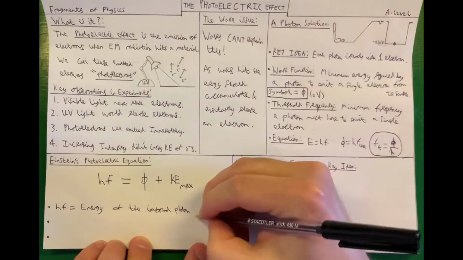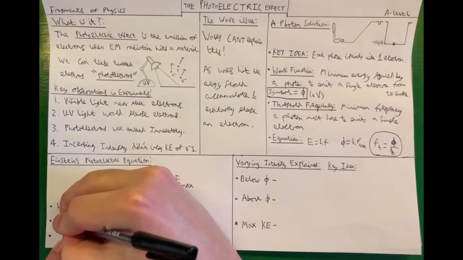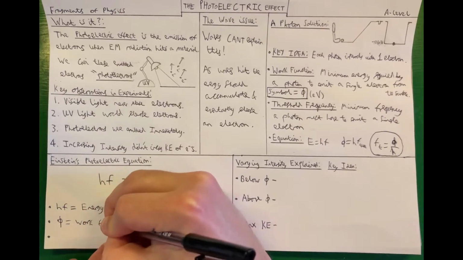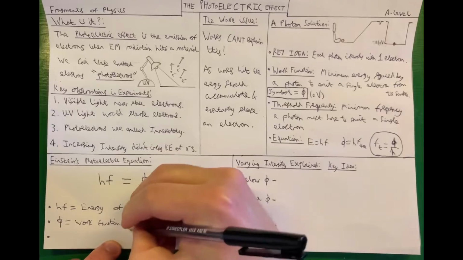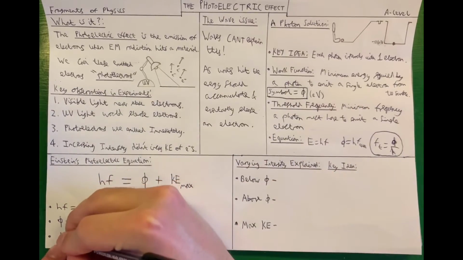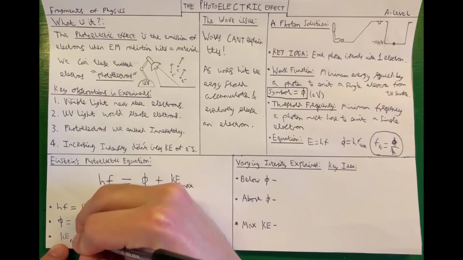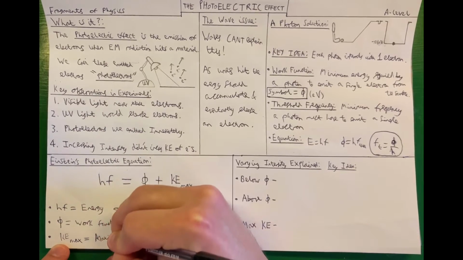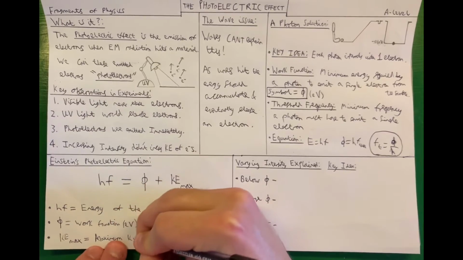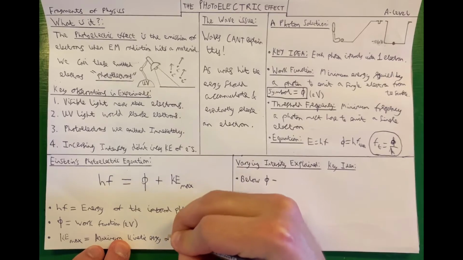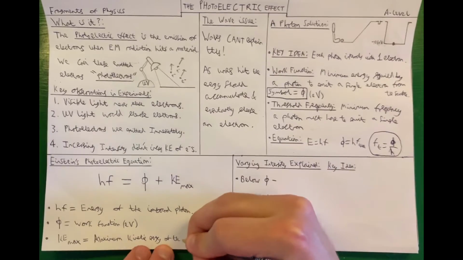Theta is the work function in eV, and that's defined up here. And then this KE max is the maximum kinetic energy of the released photoelectron.